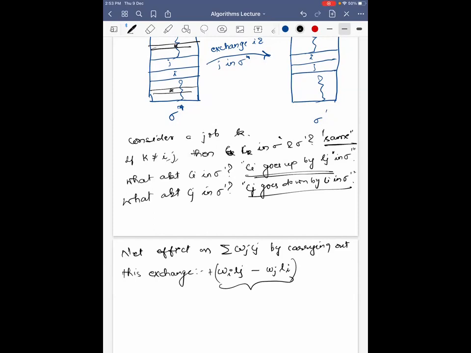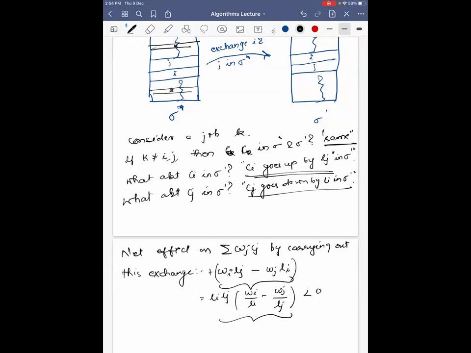So we can take Li times Lj common out of this, and then we'll have Wi by Li minus Wj by Lj. And we know that Wi by Li is greater. So this is less than 0, right?